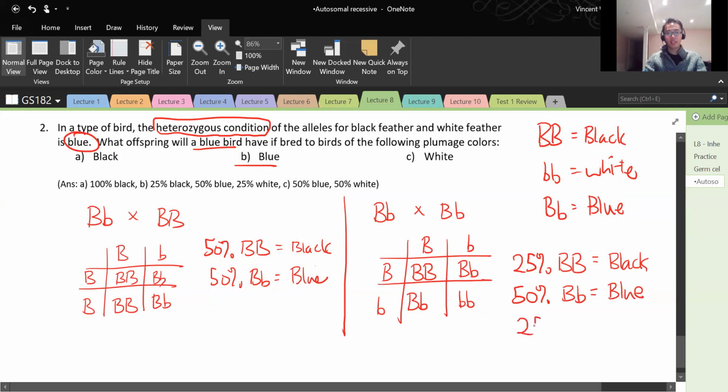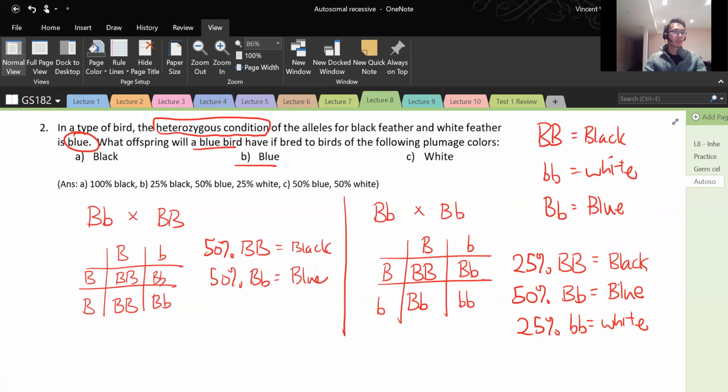And then 25% chance, small b, small b, which is white. Is that okay? Okay, good.